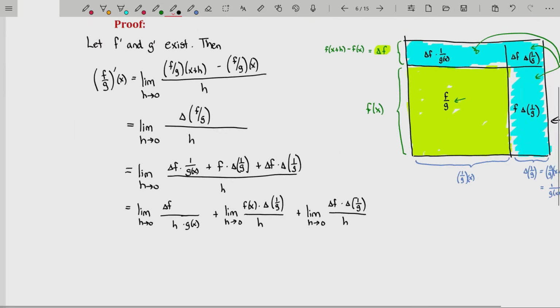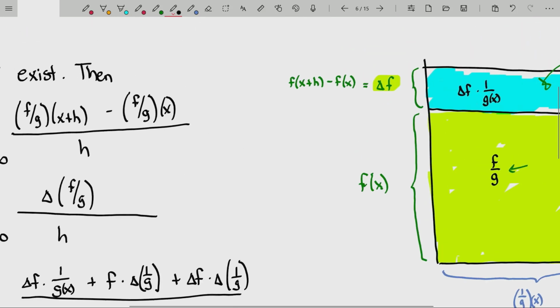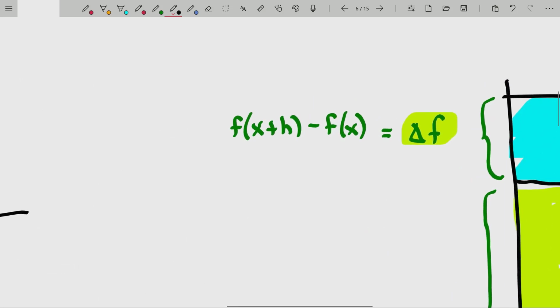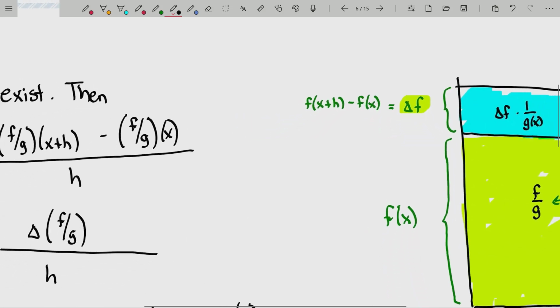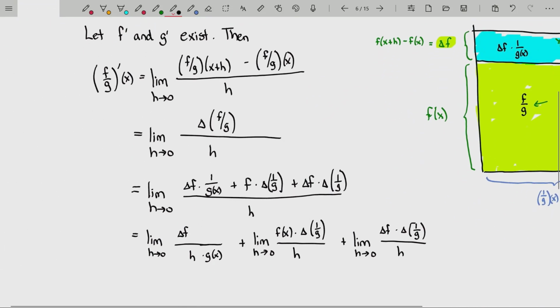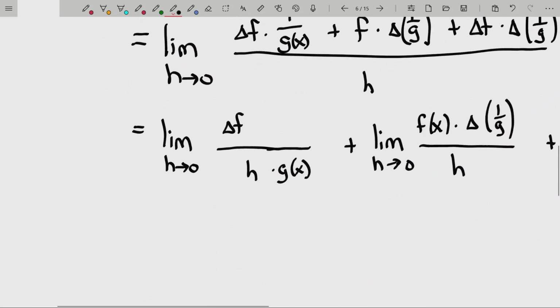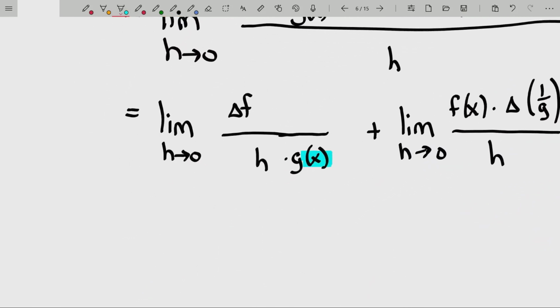And now I know what delta f is. It's actually the numerator of a difference quotient, so I'll trade that out. By the way, I should note this g of x does not have an h inside of it, so I can move that out into the front of this limit.